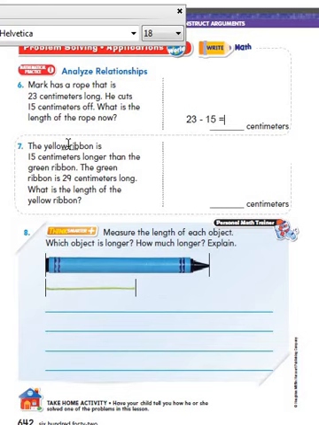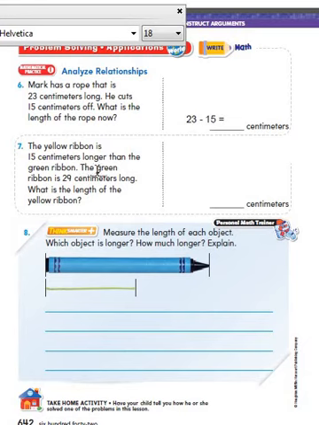He said to me the yellow ribbon is longer than the green ribbon by 15 centimeters, right? So the yellow and the green have the same length in part, but the yellow ribbon is longer than the green by 15 centimeters. So the yellow has an extra part from the green, which is equal to 15 centimeters.